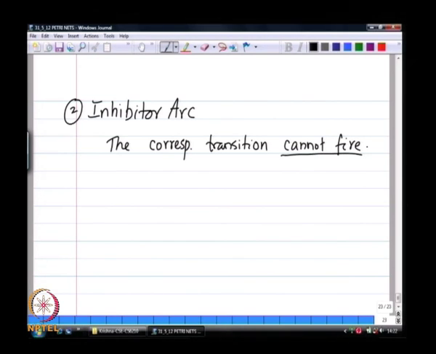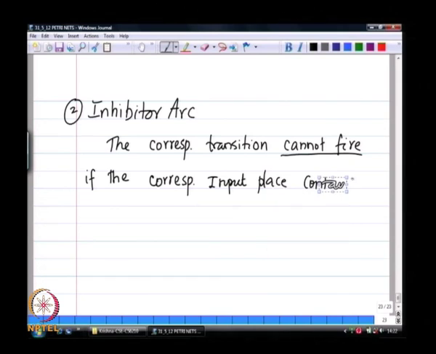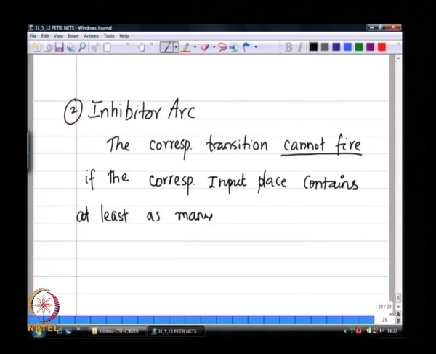if the corresponding input place contains at least as many tokens as specified by the multiplicity of that arc.